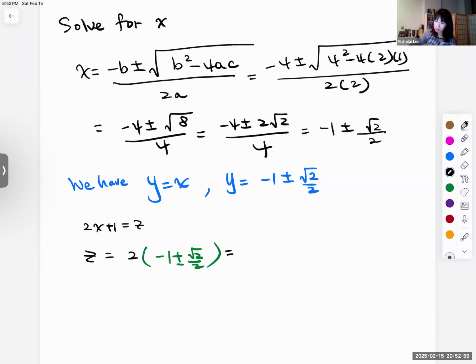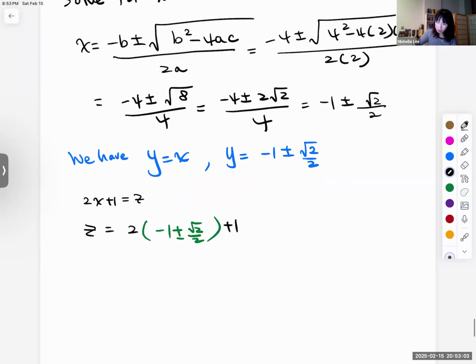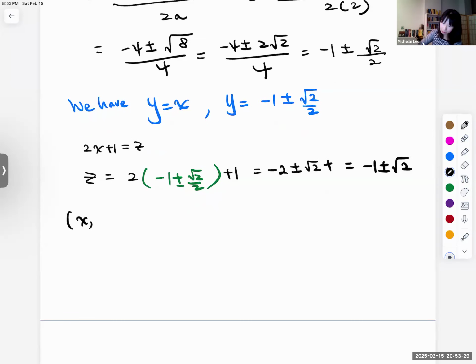Oh, we have a plus 1, missing plus 1. Oof, we must have made a mistake. So that would be negative 2 plus or minus, simplify this one, so we have a square root of 2. But then we have a positive 1, so there will be negative 1 plus or minus square root of 2, right? That's for z.